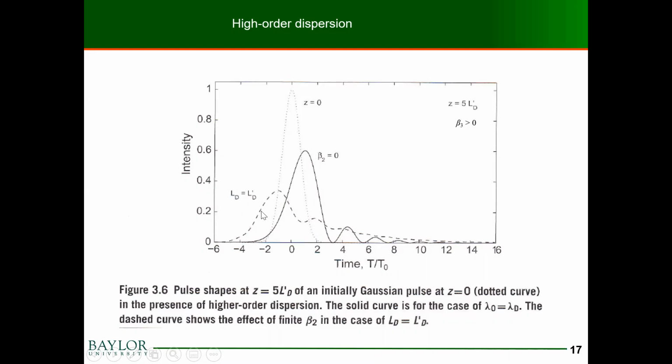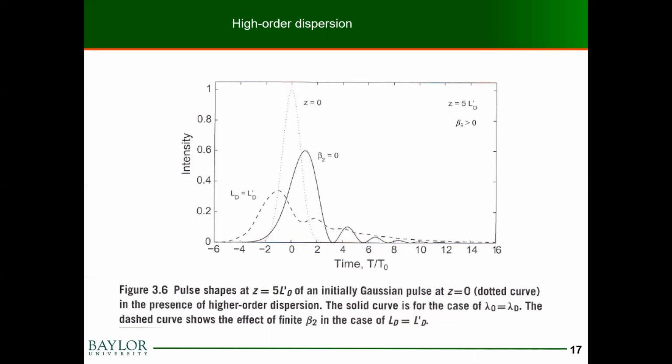It's the combination of the second order and third order. You can see the oscillation depth is not going to be 0. It's not as strong as the third order dispersion only. At the same time, it has the broadening effect and it also has oscillation.